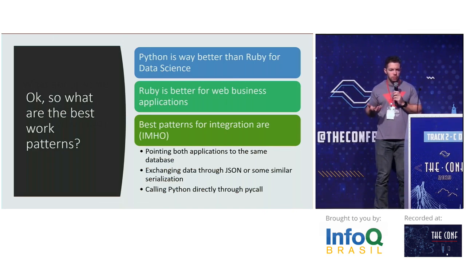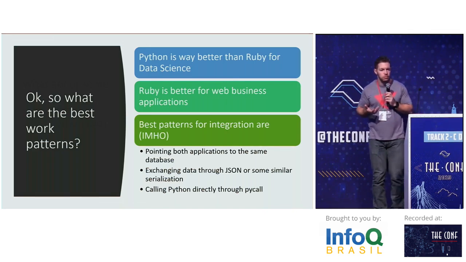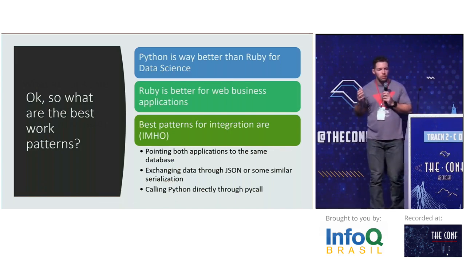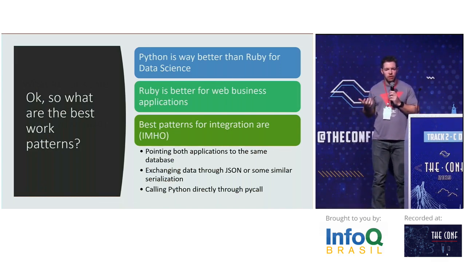The data science portion is implemented in Python, and has a front end using Rails to expose the API and using the same Active Record models as the web application.